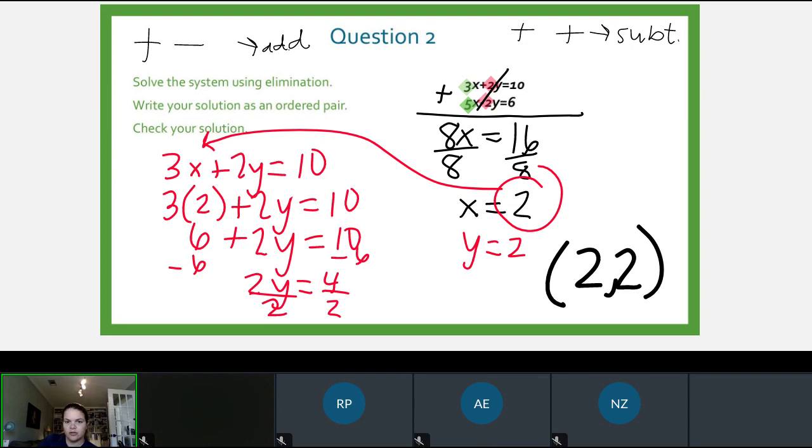So go ahead and do that underneath where I just wrote that for you. And then you're going to solve for y. So put it in parentheses. Good. Now go ahead and solve for y.